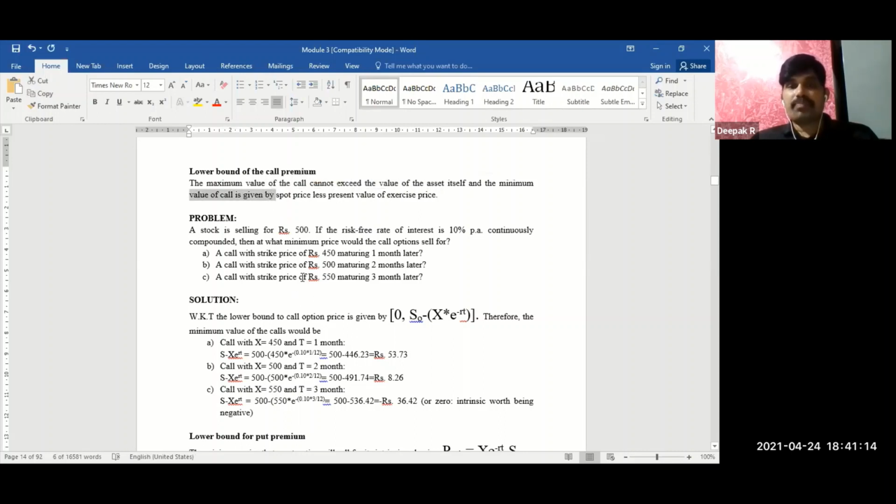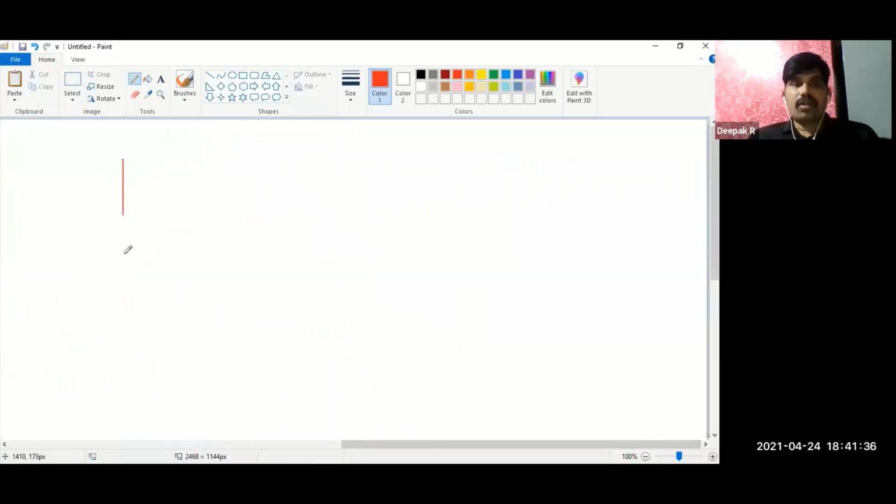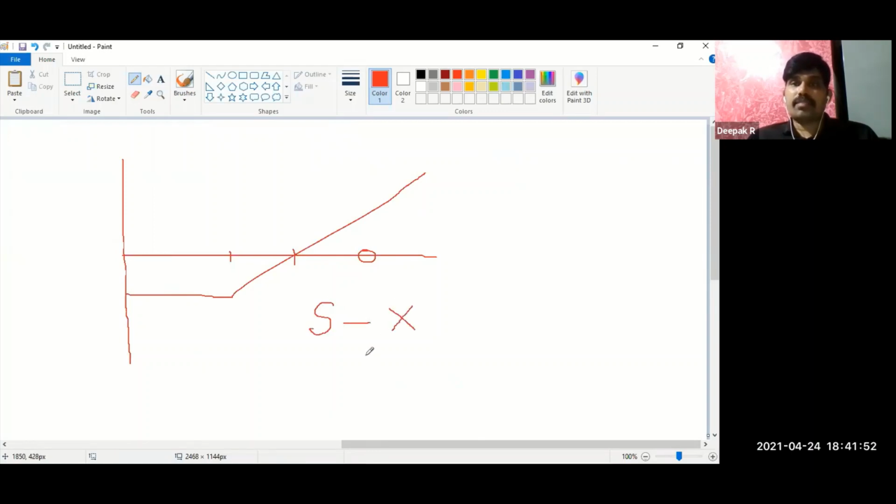When we talked about the spot prices and the exercise prices, the thumb rule for the call option is that you will be able to make money only if the spot price is greater than the exercise price plus the premium. So spot price is always greater than the exercise price plus premium.